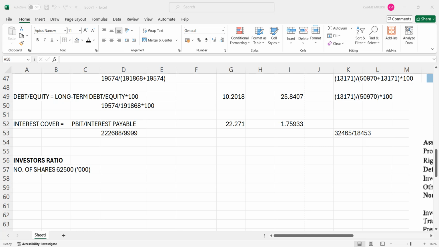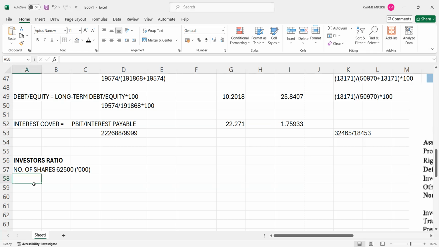That will be the earnings after tax and preferred dividends over the shareholders' fund. That is over the equity. So return on equity: earnings after tax and preferred dividends over shareholders' fund, which is the same as the total equity.